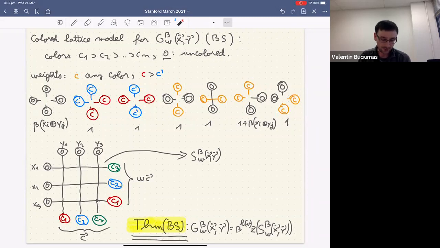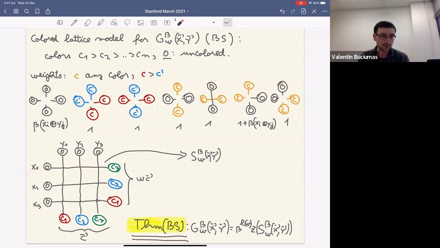And so I need to explain parameters. So each row will be assigned parameter xi, so rows. And each column will be assigned parameter yi. So at each intersection, there'll be an xi and a yj parameter.